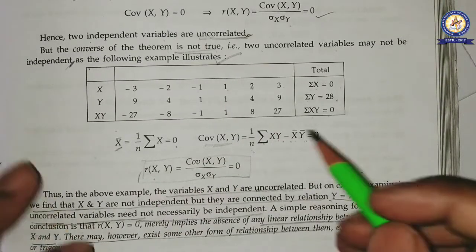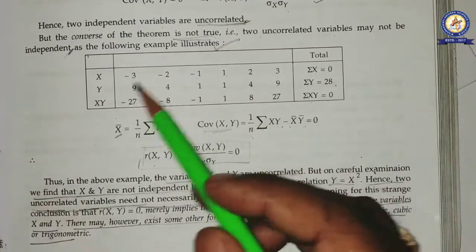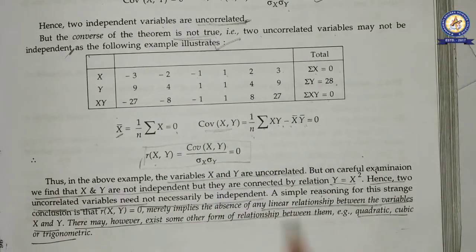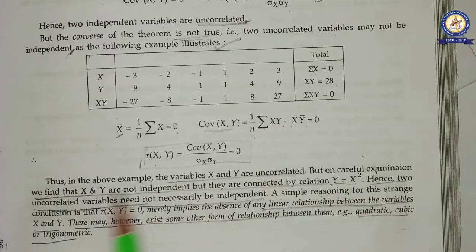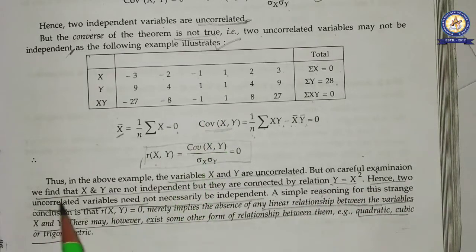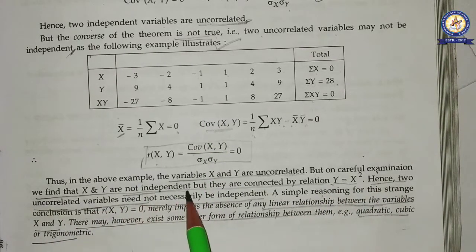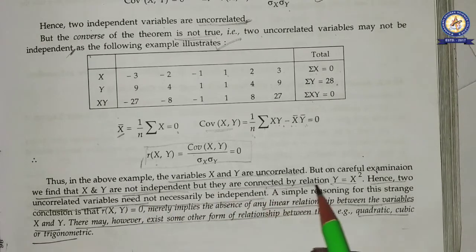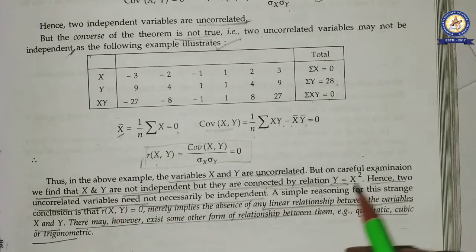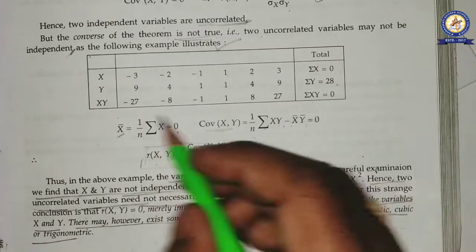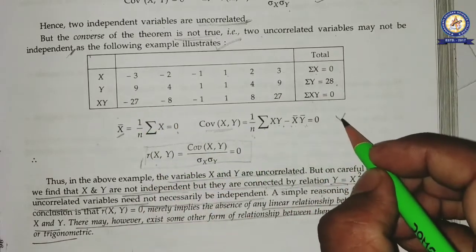But carefully you have to watch this data. Carefully examine this data. Find x and y are not independent, but they are connected with a relation y equal to x square. See, y equal to x square. In this relation, they both are connected.